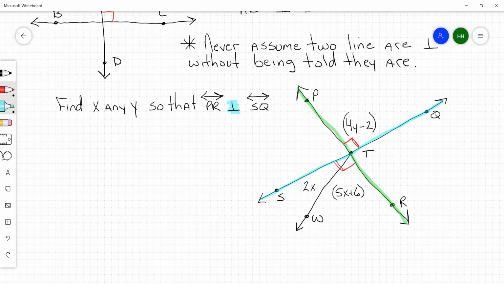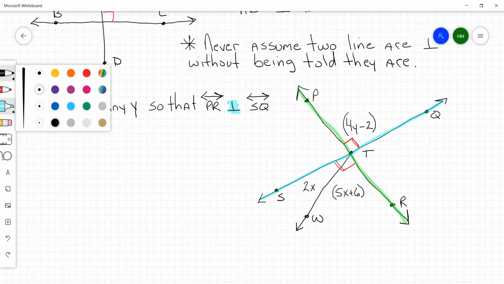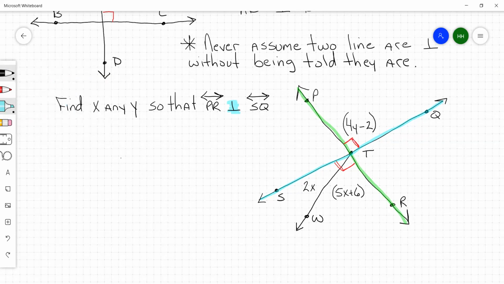So let's do the x first. This 2x angle plus this 5x plus 6 angle, those angles are next to each other, aren't they? They're adjacent angles. So if we add them together, what do they have to equal in order for these lines to be perpendicular? They got to equal 90. Good.